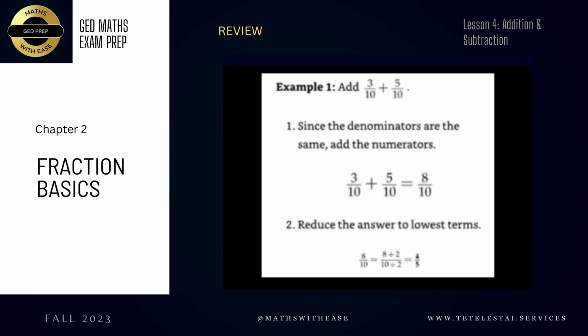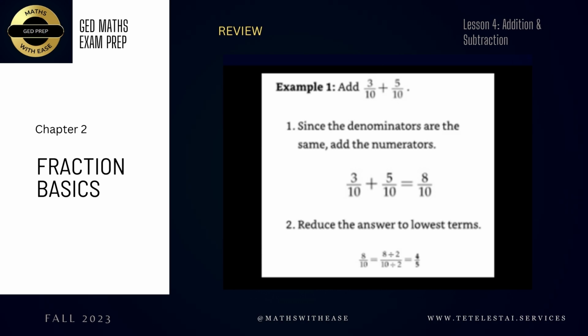In this example, we're being asked to add 3/10 plus 5/10. This is pretty straightforward. You simply add across. 3 plus 5 is 8. And remember, your denominator stays the same. Your denominator is 10. Why?